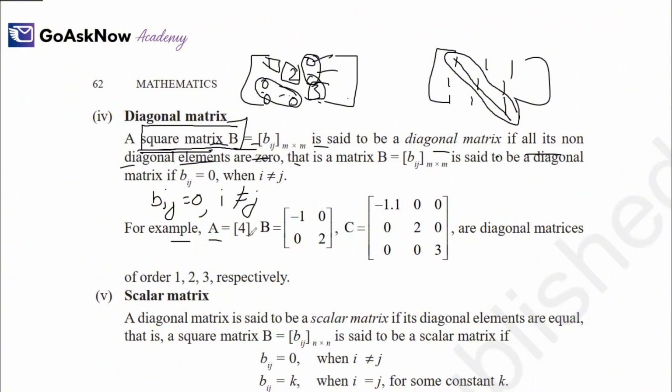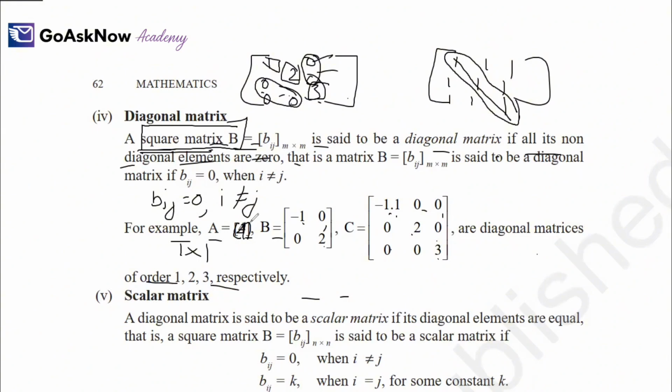For example, A is equal to 4, B is equal to minus 1, 2, 0, 0, C is equal to minus 1.1, 2, 3, 0, 0, 0, 0 are diagonal matrices of order 1 to 3 respectively. If you have a 1 cross 1 matrix, it has only one element. So this is a representation of a diagonal matrix also, with one element filled here.